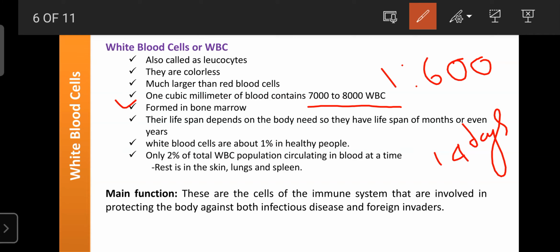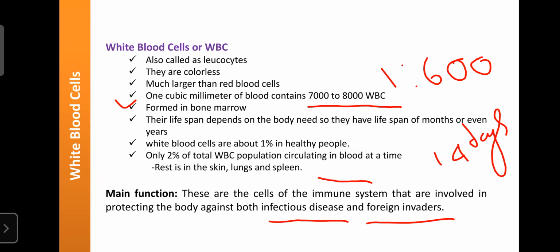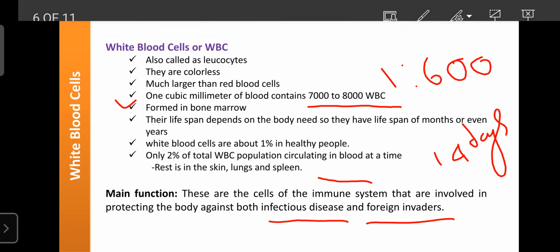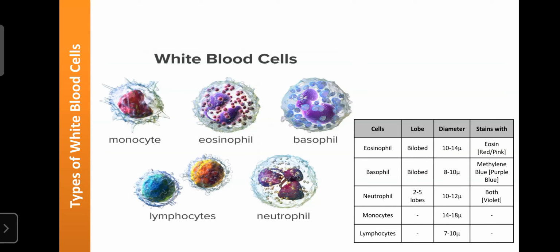Okay, regarding the main functions, WBCs are mainly involved in the regulation of the immune system, and they give protection against infectious disease and foreign invaders. Regarding the classification of WBC, they are mainly classified into two types on the basis of certain granules present in their cytoplasm.